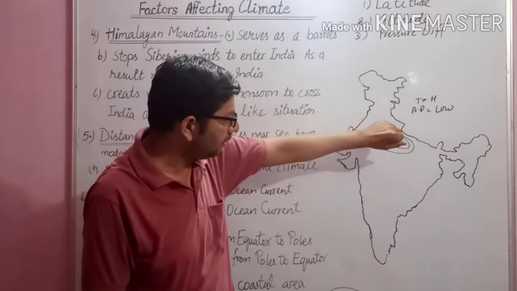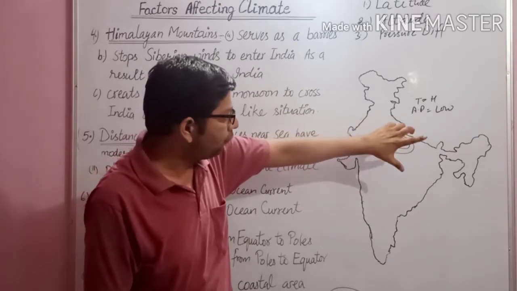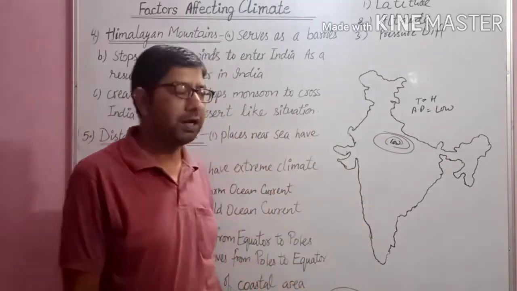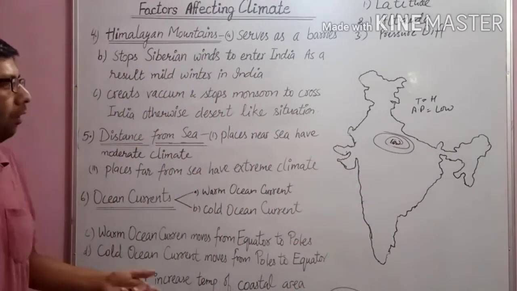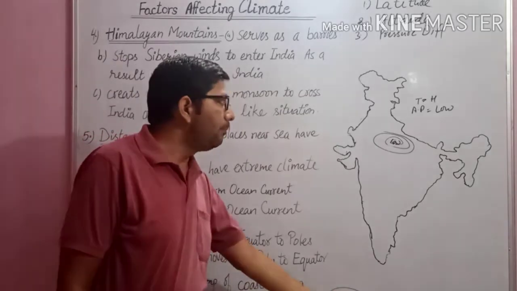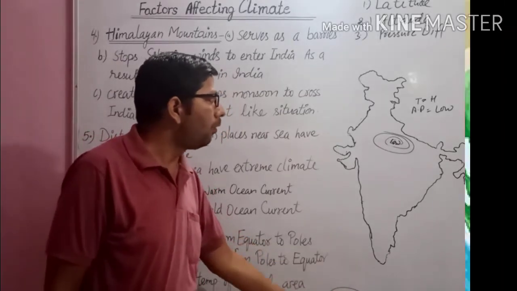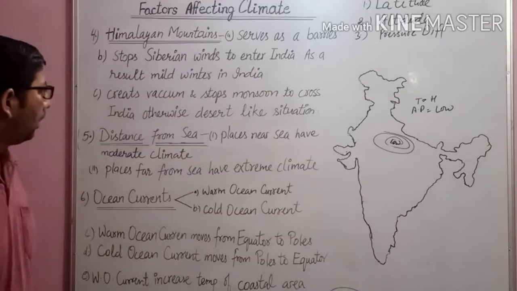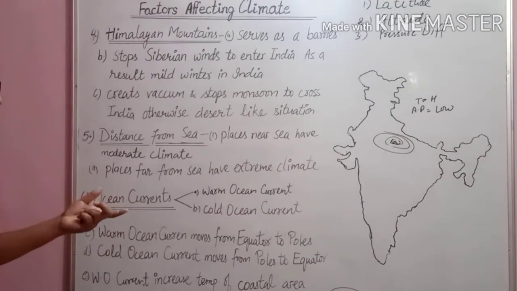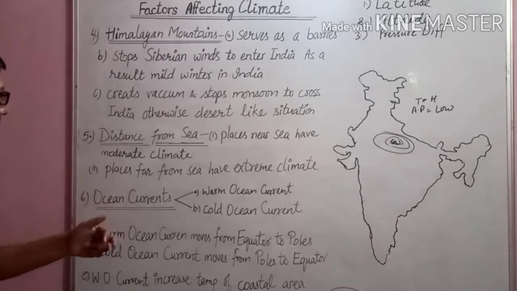Then they release the moisture, and as a result we experience rainfall in the months of June, July, August. So this is one important factor of the mechanism of monsoon in India, which we can call a climatic phenomenon.